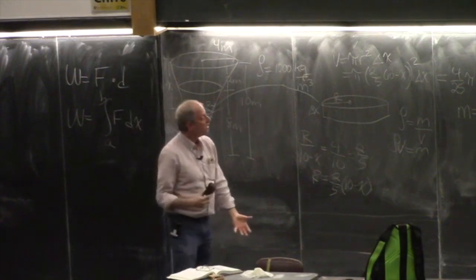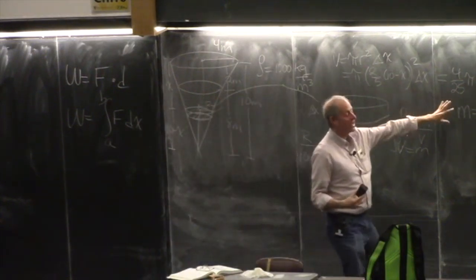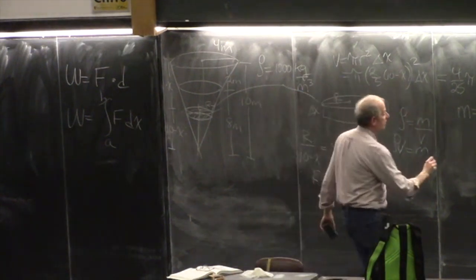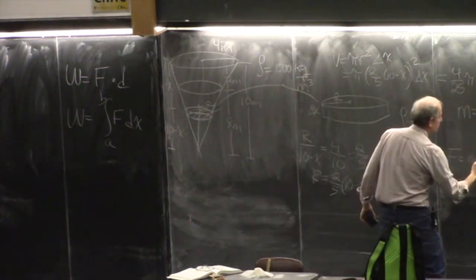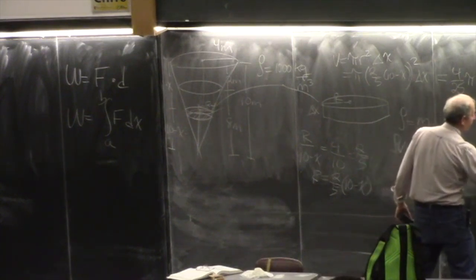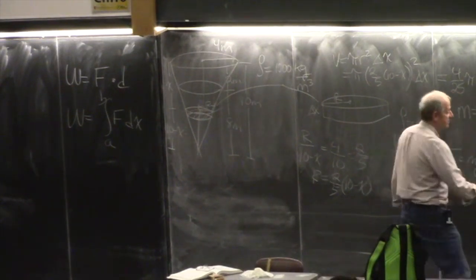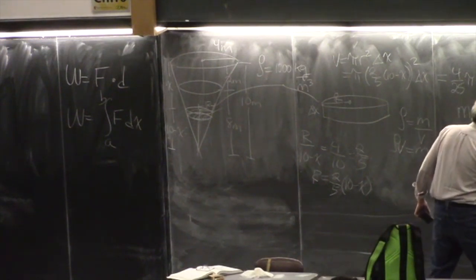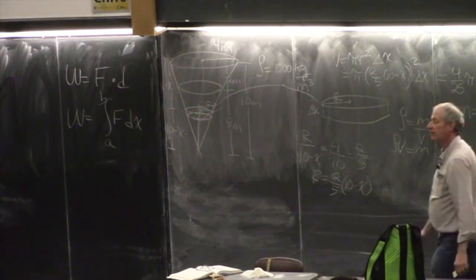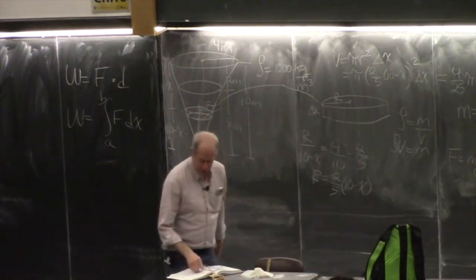We find m by multiplying the density times the volume. So the force is 160 pi times g, which happens to be 9.8, times 10 minus x squared delta x. Oh, wow. So far, so good.